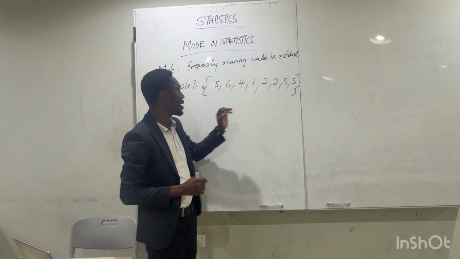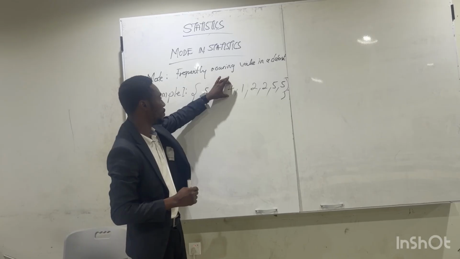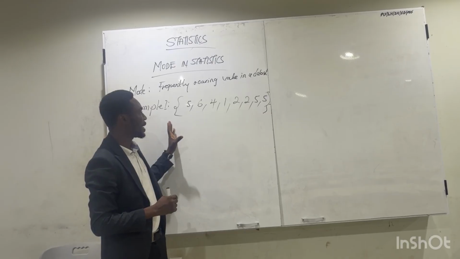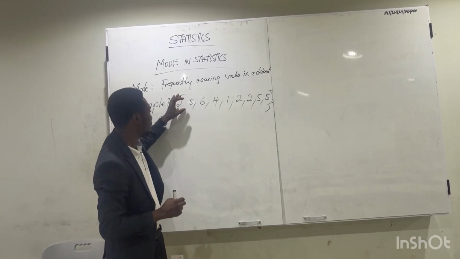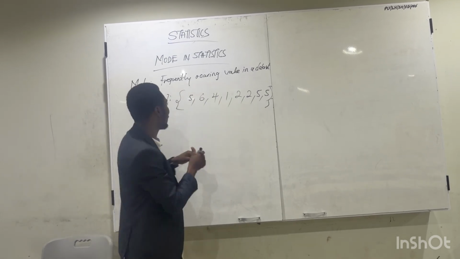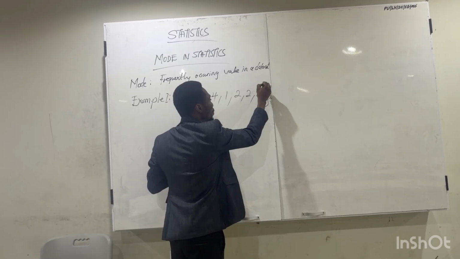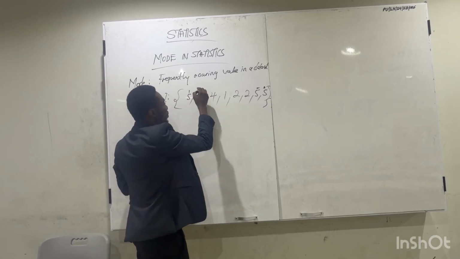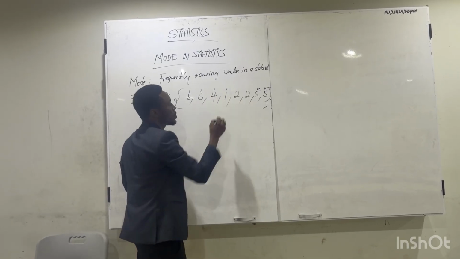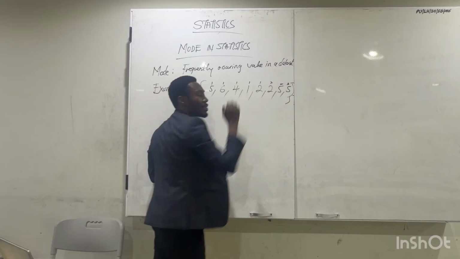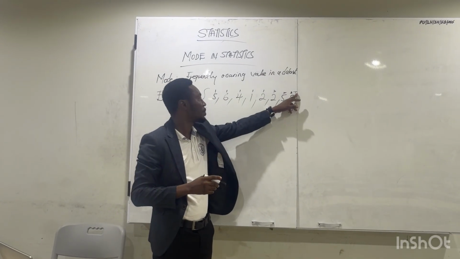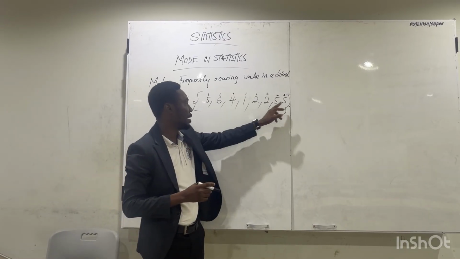Let's observe the data set here. We have 5, 6, 4, 1, 2, 2, 5, and 5. If you observe these data very well, you can see that 5 is occurring 3 times. 6 occurred once, 4 occurred once, 1 occurred once, and 2 occurred twice. So 5 occurred 3 times: 5 here, 5 here, and 5 over here.